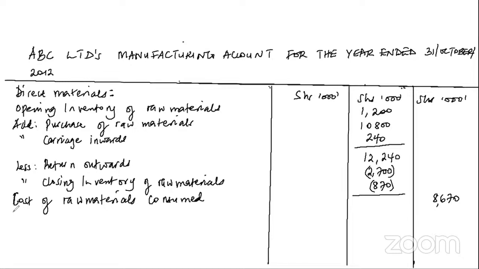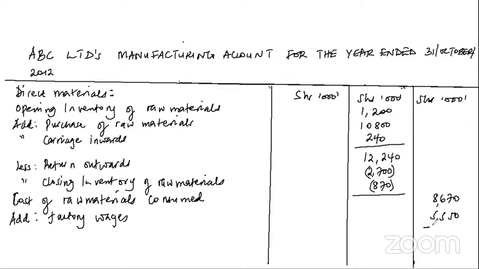So we add those direct costs, and in this case we have the factory wages. According to the trial balance, our factory wages are 5,550.